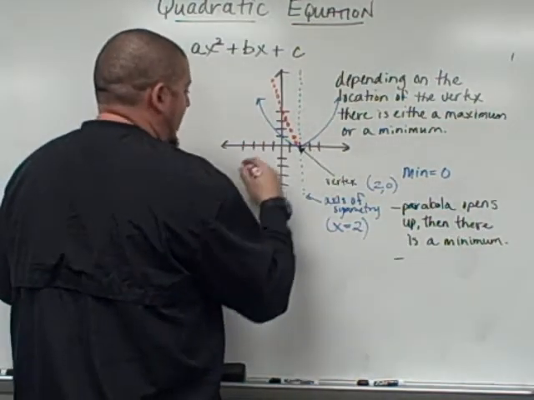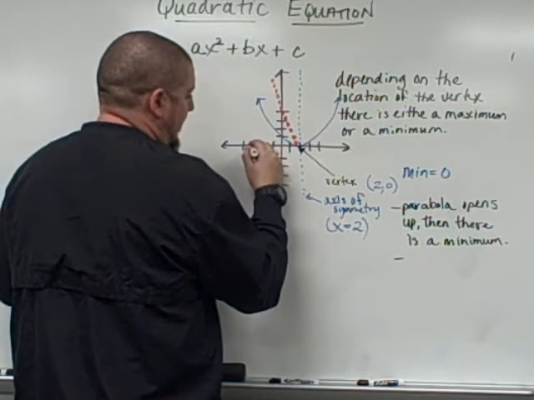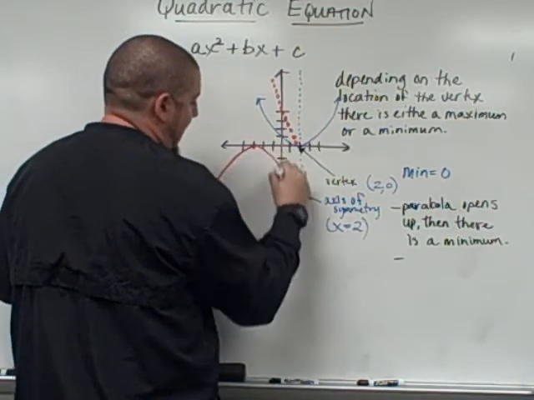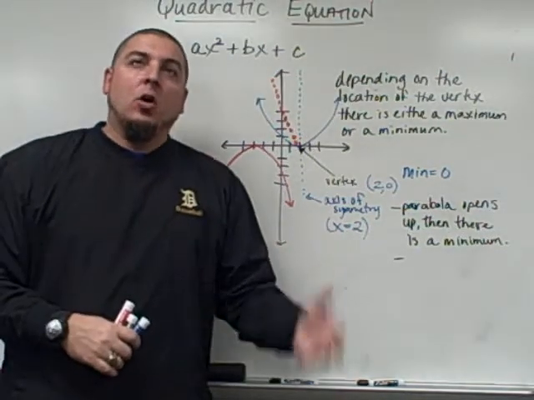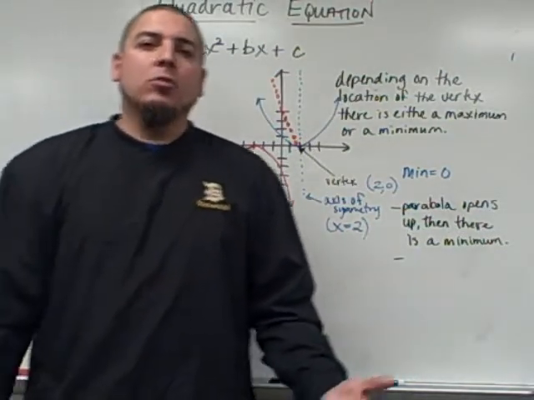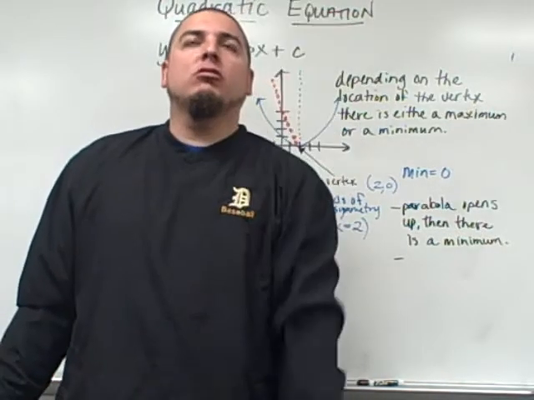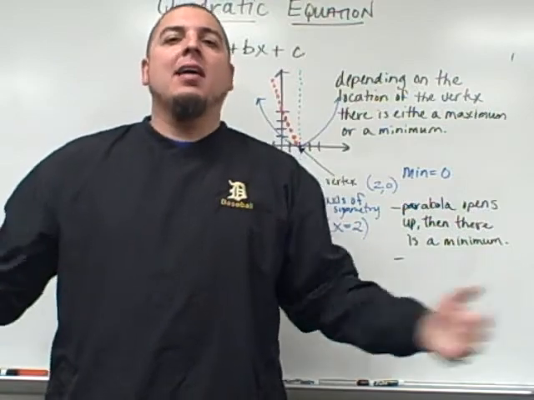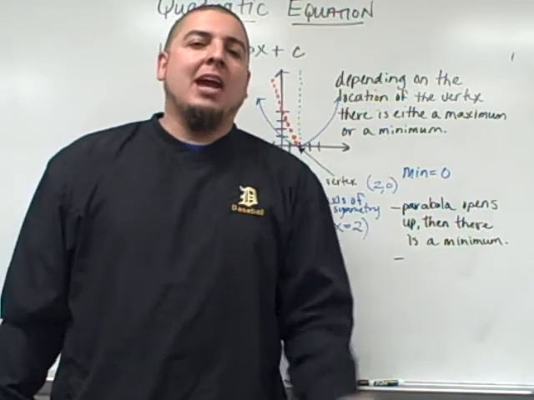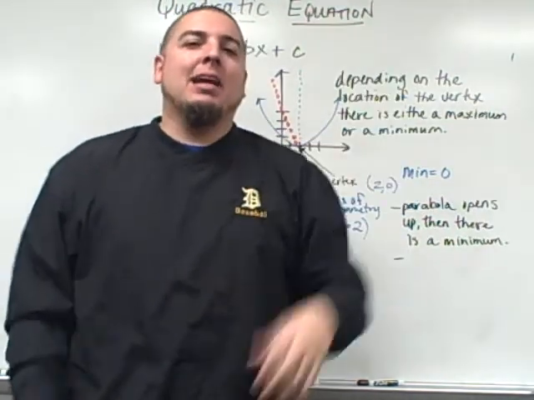So let's say you have a graph here and a vertex is over here. Here's my parabola now. Think about that as like a canopy over your head or a ceiling. If I'm in the room right now and I throw a ball up, it only goes to a certain height. At some point, it's going to hit the ceiling and it can't go any higher than that. That's called a maximum height. We can't go any higher. It's a maximum height value.